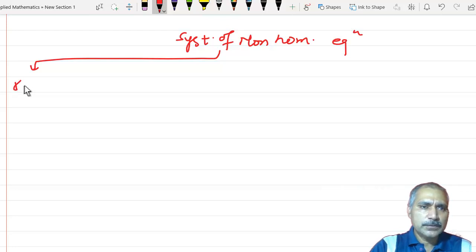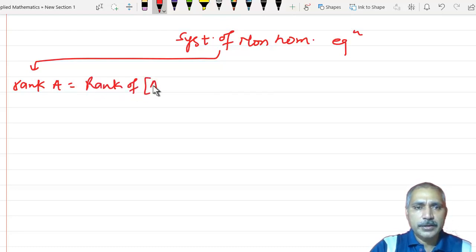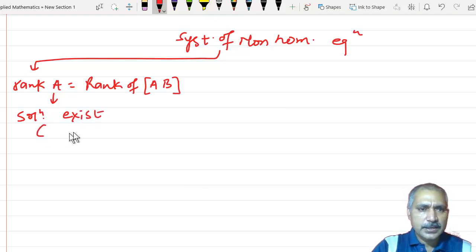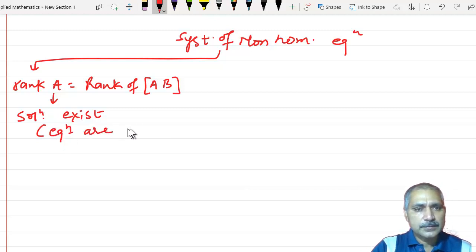The first one, rank of A is equal to rank of augmented matrix, that is AB. In this case solution exists. We say that the system of equations are consistent.